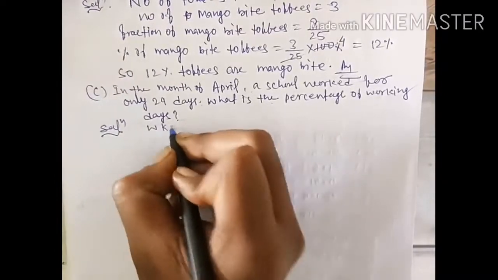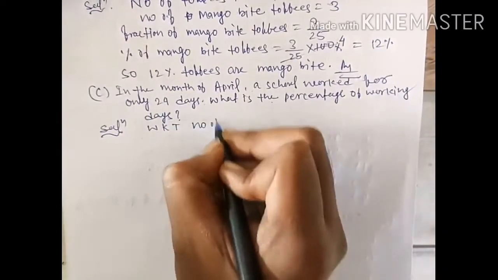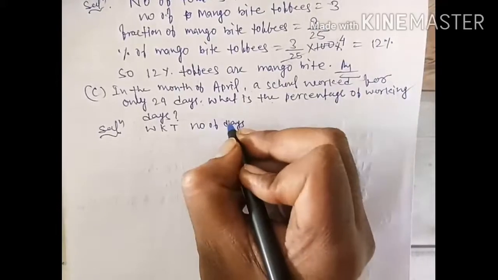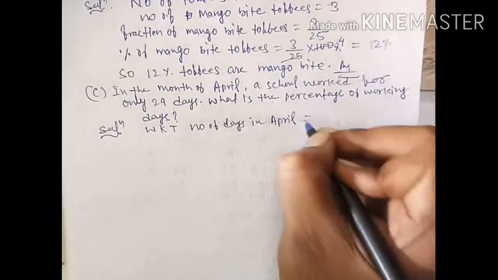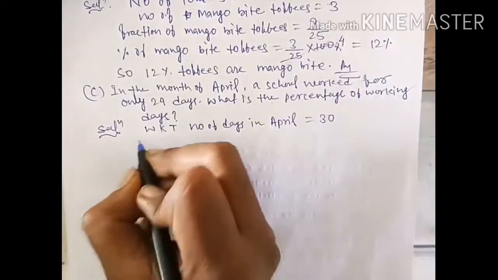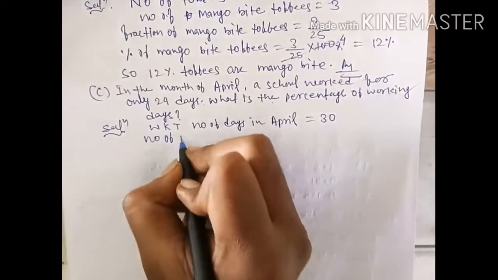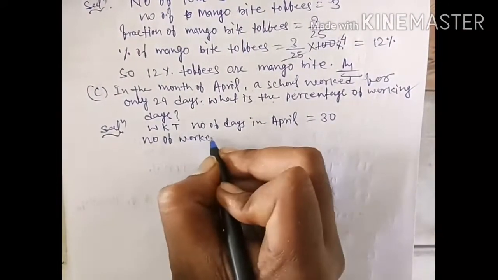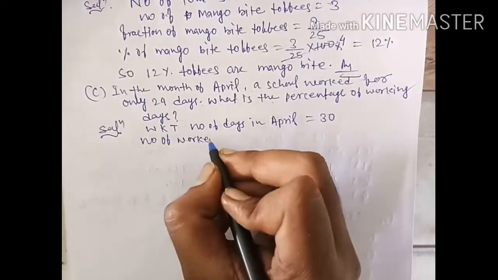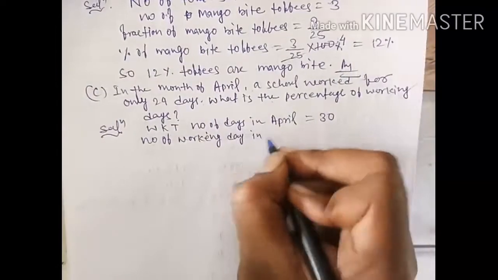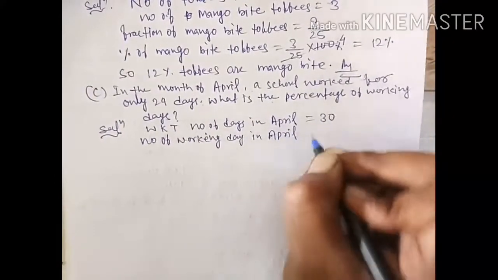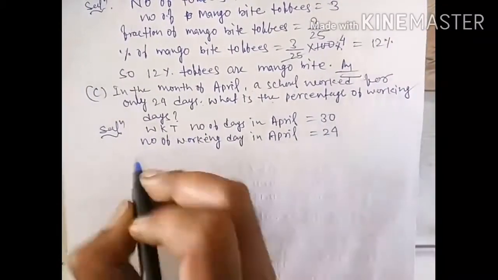We know that the number of days in April is equal to 30. The number of working days in April is equal to 24.